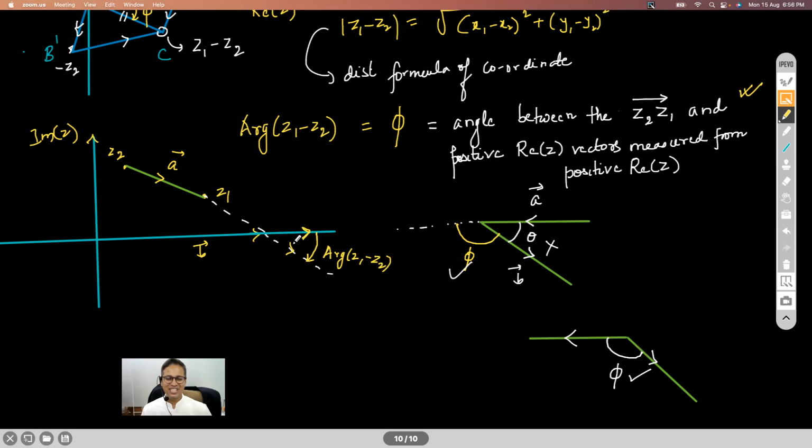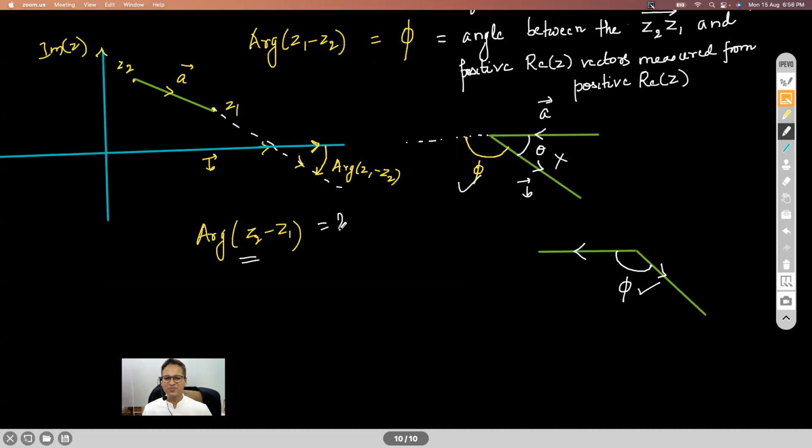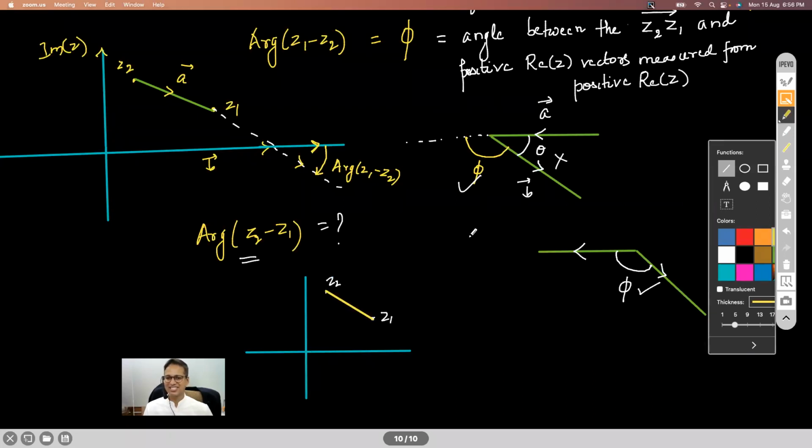Got it? So if I say what is the argument of Z2 minus Z1, how will you figure this out? So for this, what will you do? Same activity. Make Z1, make Z2, but this time your vector will be going from this to this, like this.